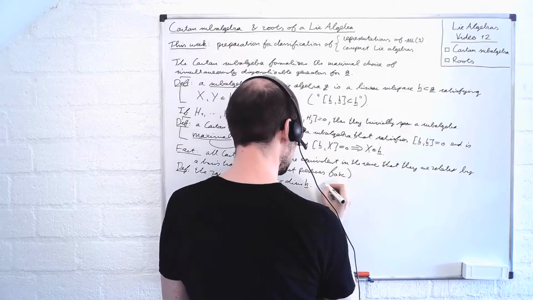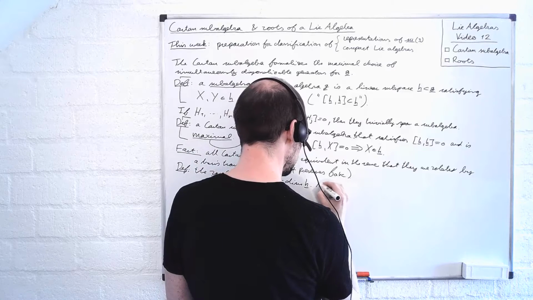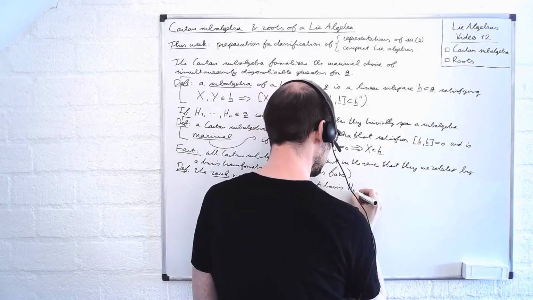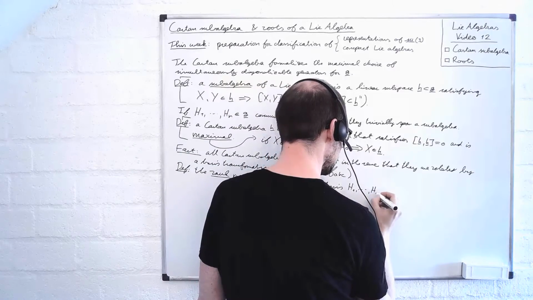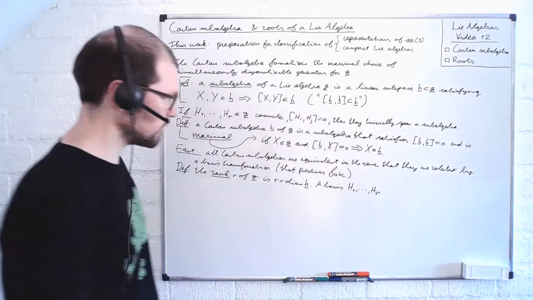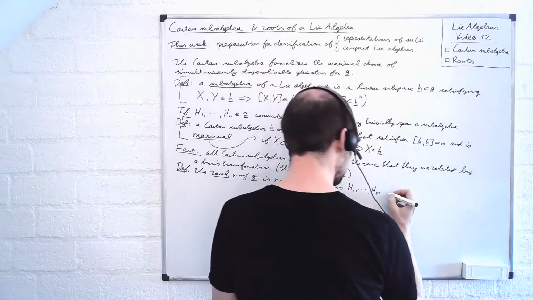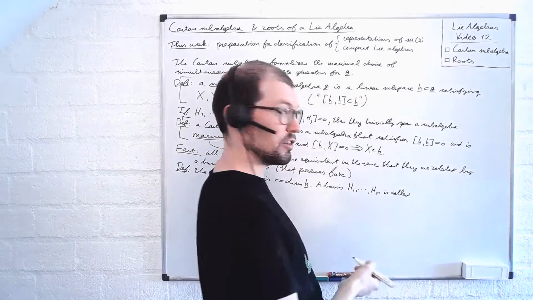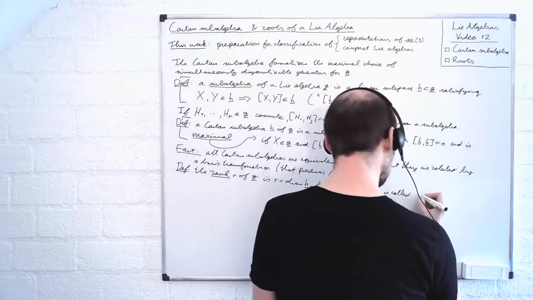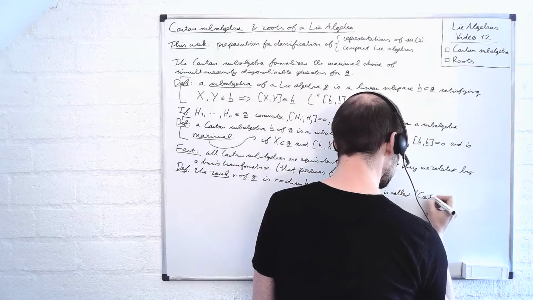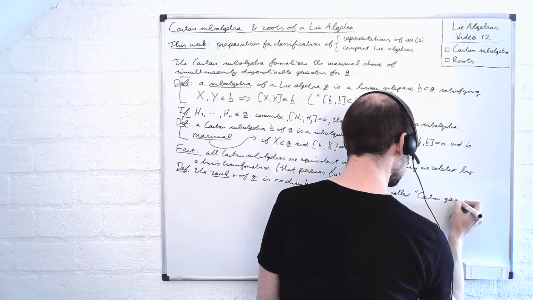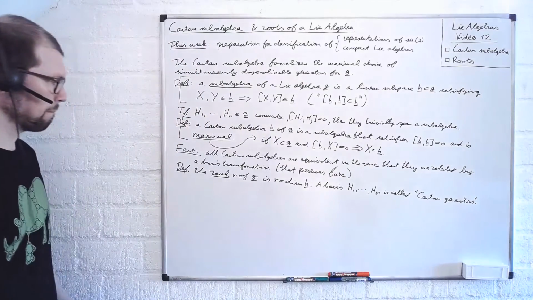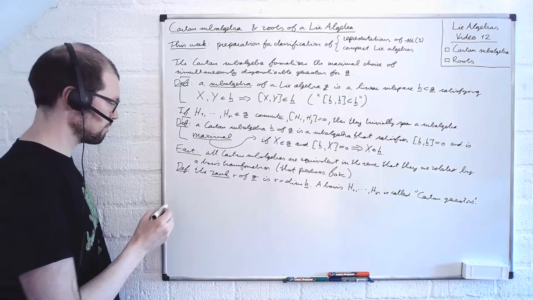And a basis of this Cartan subalgebra, H1 up to HR, is called the set of Cartan generators. Okay.